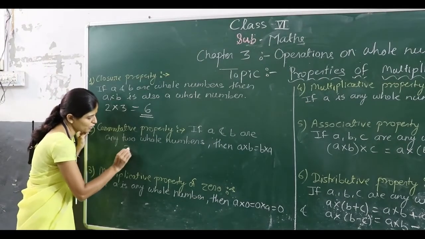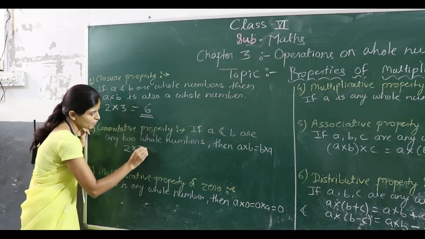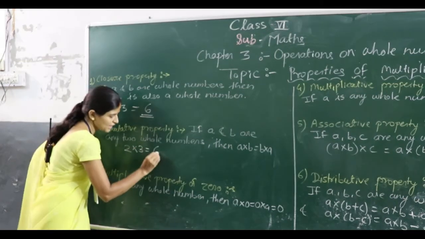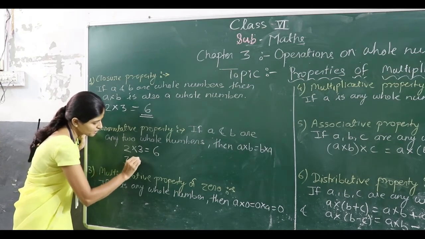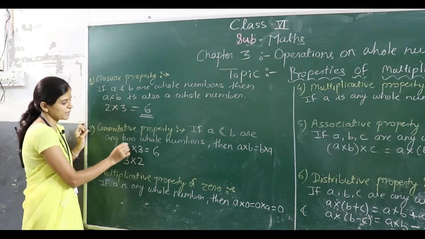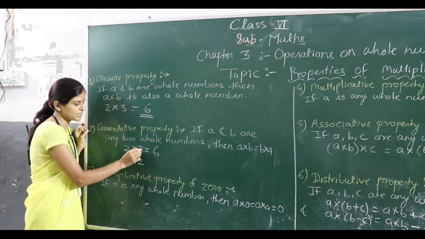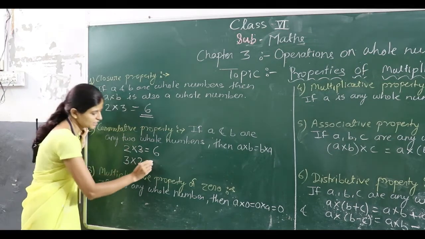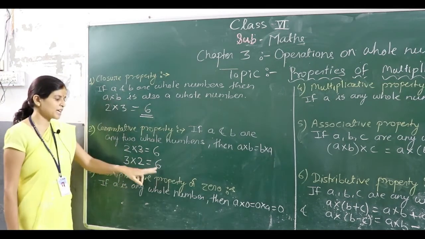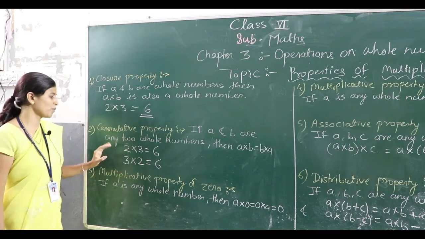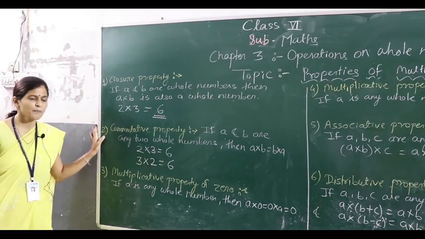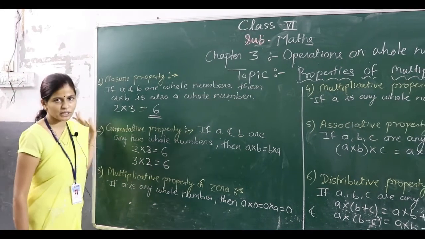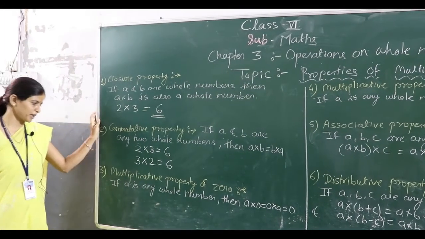For example, a equal to 2 and b equal to 3, what answer do we get? 2 threes are 6. If we interchange, that is a equal to 3 and b equal to 2, in place of 2 we put 3 and in place of 3 we put 2, what answer do we get? We get the same answer, that is 6. This property is called the commutative property. It means if we interchange the numbers, we get the same answer.